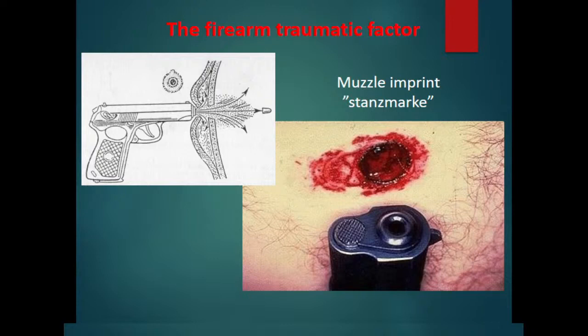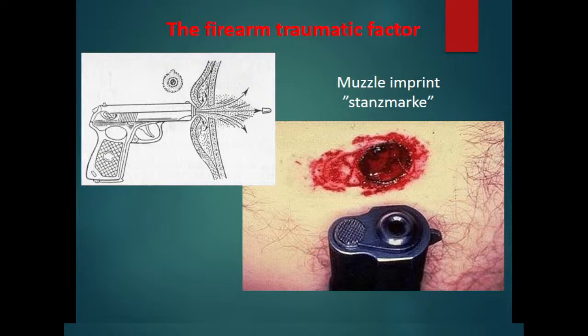Like in this picture, we see the so-called typical stamp mark, or Stanzmarke, from the German language. It's the stamp imprint of the muzzle, which was contacting the skin. This muzzle was imprinted on the skin when shooting.